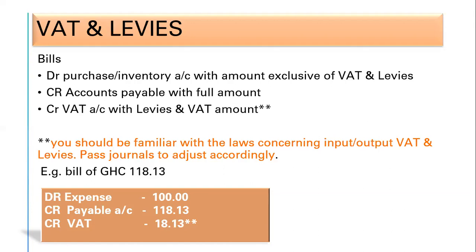So you need to be familiar with the VAT laws. The VAT laws do not allow input VAT on levies. So make sure you pass journals to move that amount out of the VAT account into the expense account. It's very important that you are familiar with the VAT laws and make the adjustments accordingly.